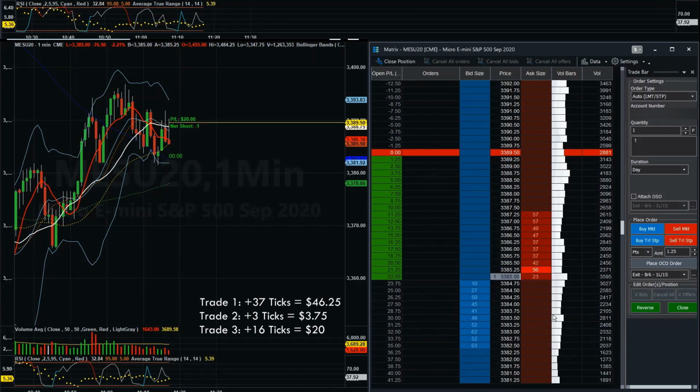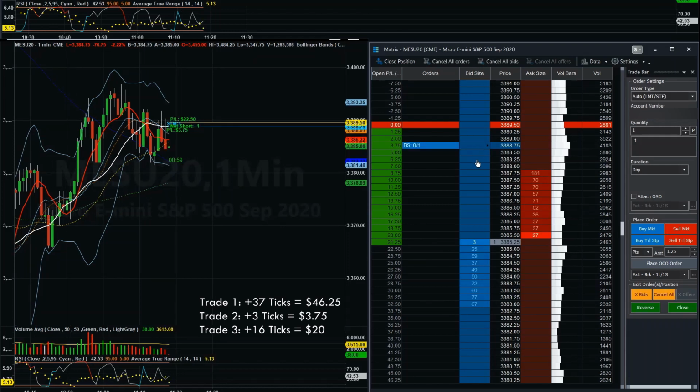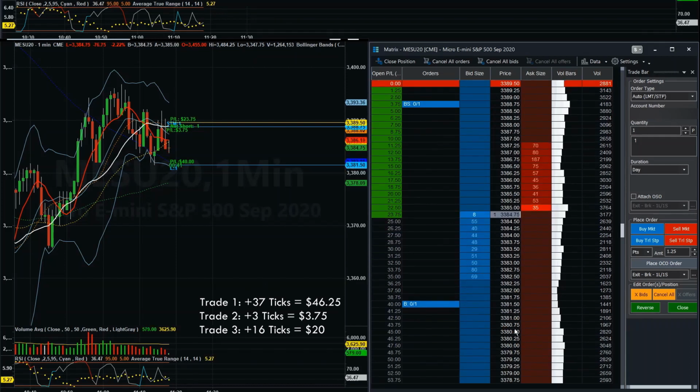And it formed these pin bars here. You see, I'm gonna place here a protective stop loss. And this is what I call a risk-free trade, zero risk trade at this point. I'm gonna place my take profit around here. Okay, that's nice.